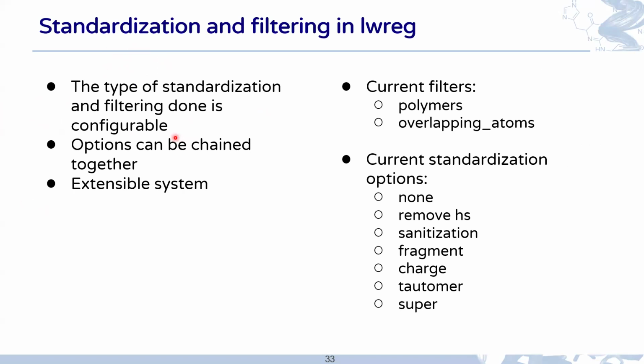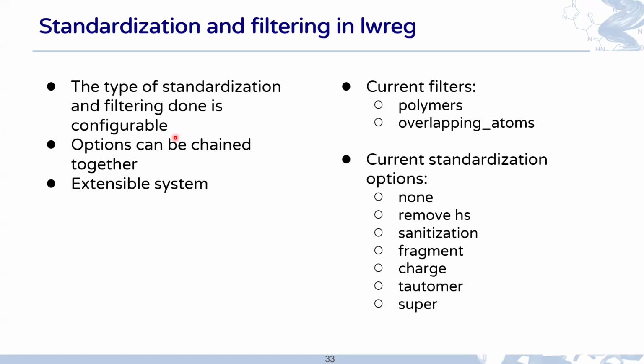For lwreg, the standardization and filtering is configurable. So you can choose how you want to standardize molecules. You can choose if you want to remove H's or not. You can choose if you want to remove salts or not. You can choose if you want to neutralize or not. There's a bunch of built-in things. And if there's not something there that you want to do, if you have some other idea, it's really easy to just write a Python function to add a new standardization.